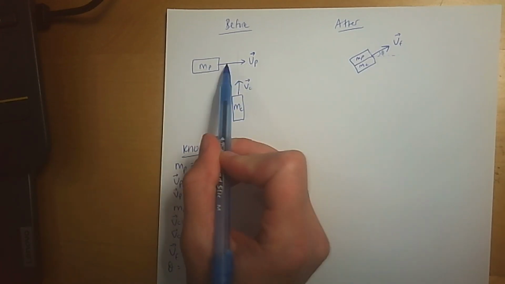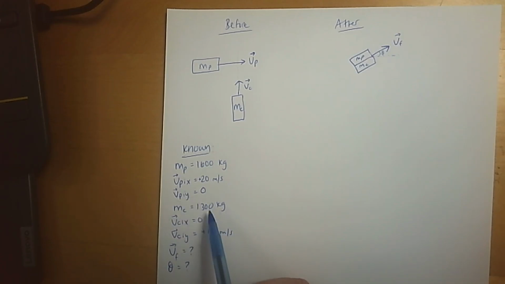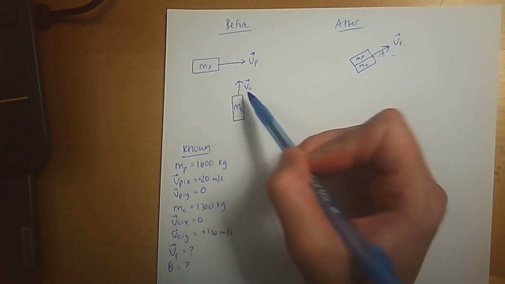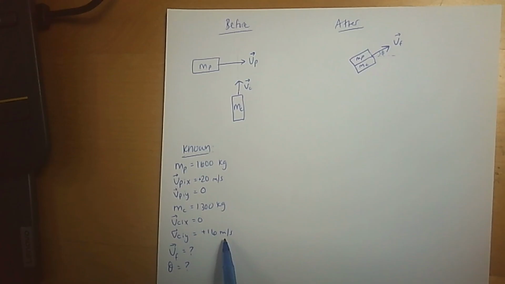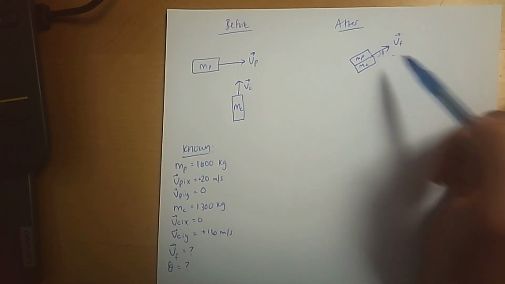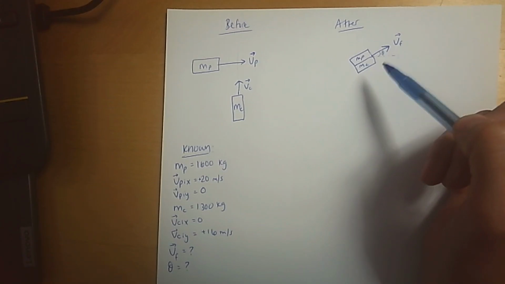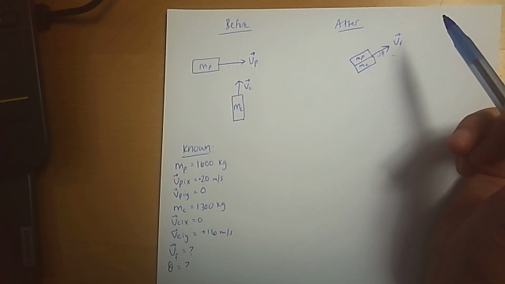There is no y component for the pickup's velocity. And then the mass of the car is 1,300 kilograms. The x component of the initial velocity of the car is 0, right? It's moving entirely in the y, with positive 16 meters per second. So our final velocity and our theta are our two unknowns, which means that we're going to need two equations, right, to solve for those two unknowns.